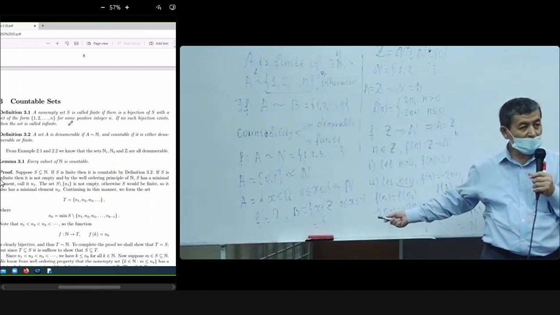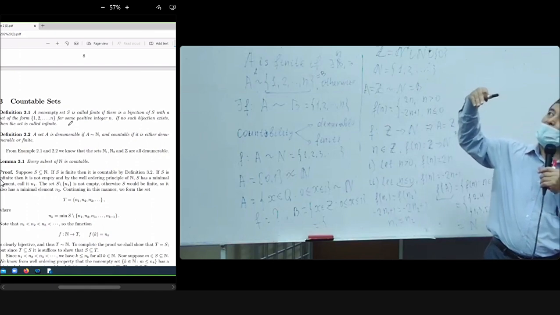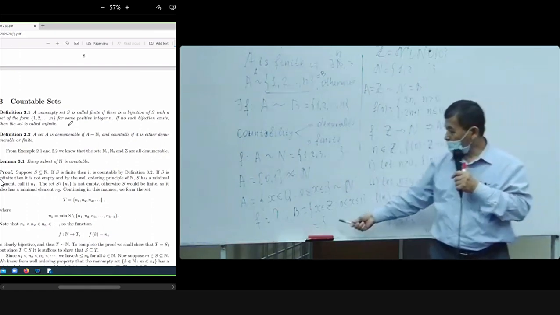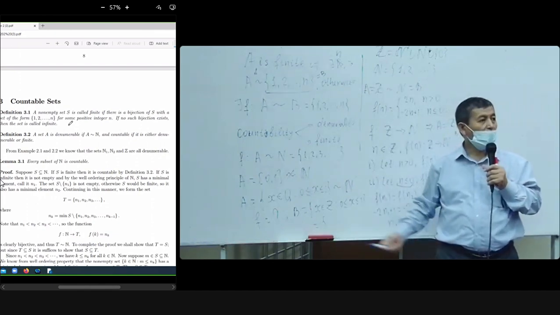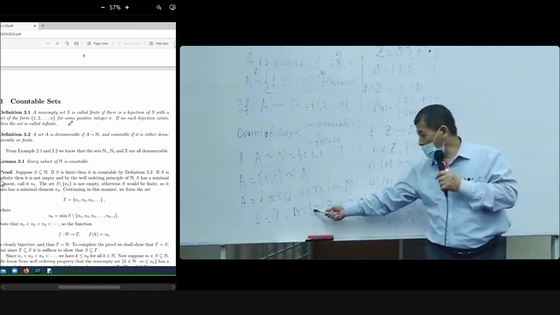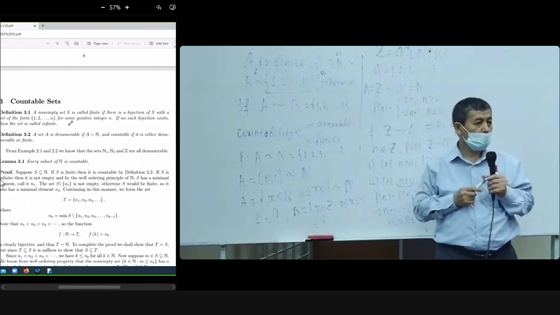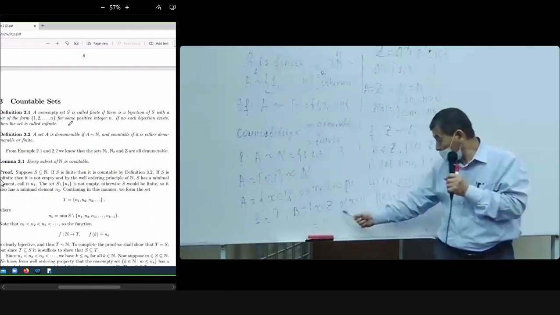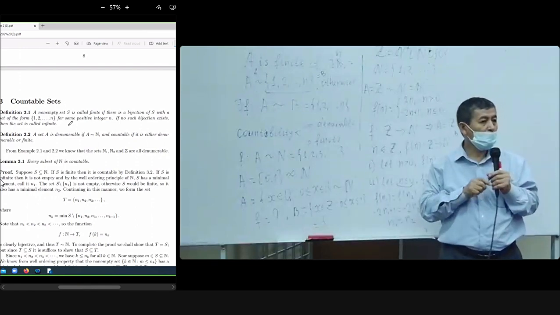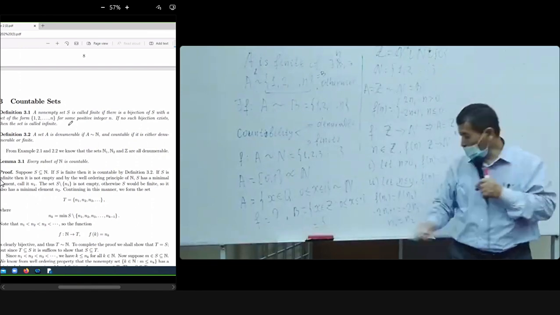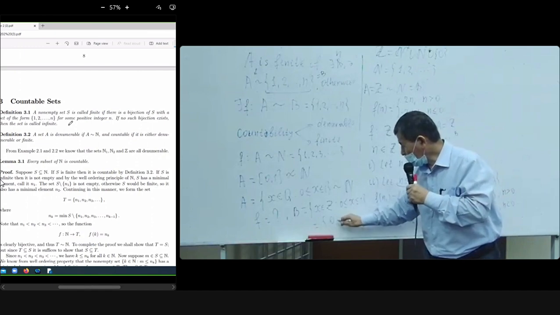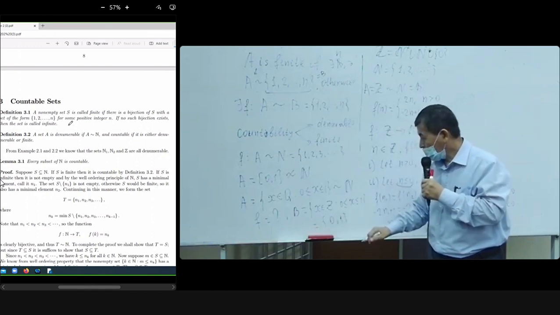Please give me the answer. Hello, friends, you also can give. How many elements of this set? You see here, x derives from 0 to 1. 2, correct. Which ones? 0 and 1.